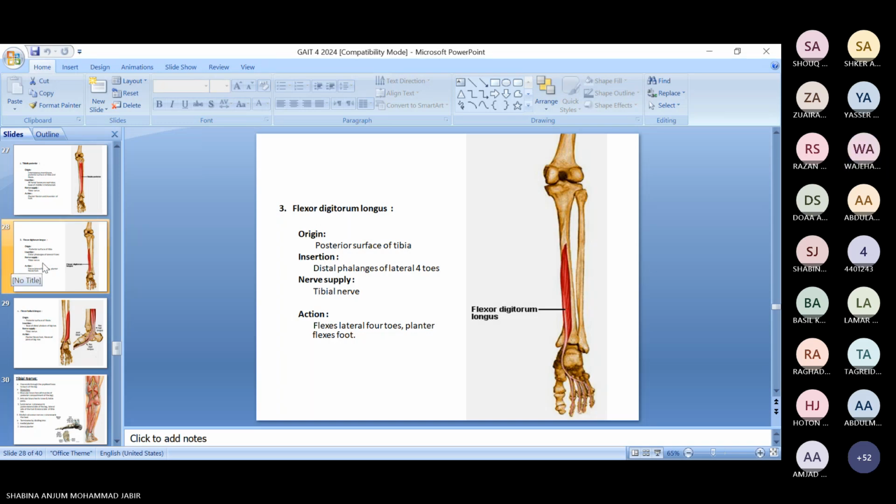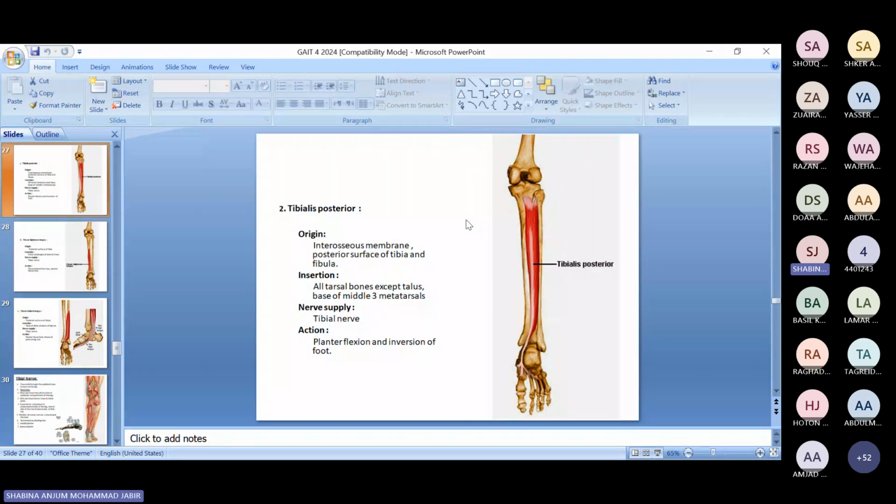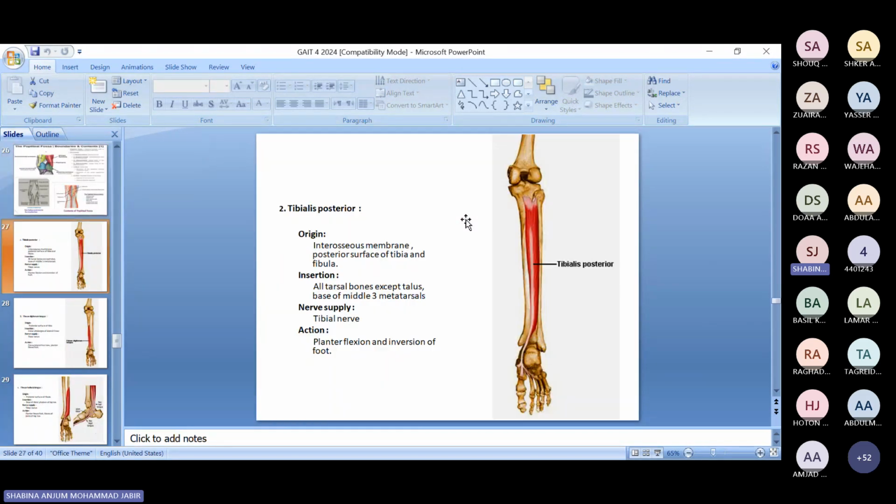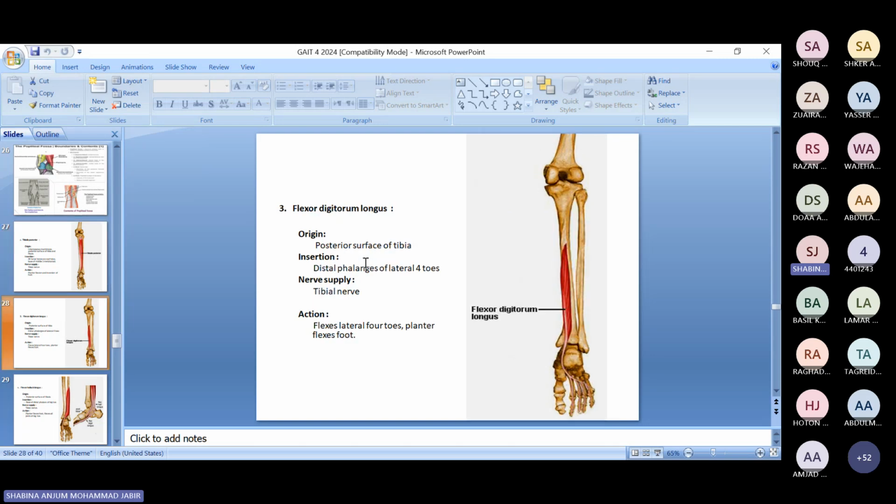Yes, doctor. So we were talking about the posterior compartment, in which we saw the first muscle, the popliteus in the deep groove. The second muscle is tibialis posterior. Then we have the third muscle, called flexor digitorum longus.